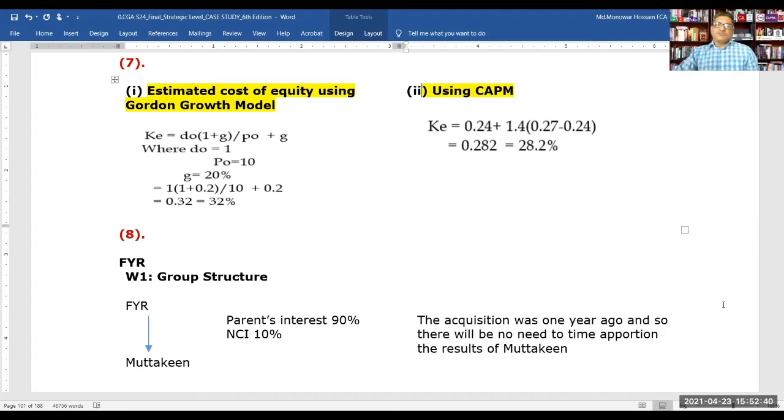Putting in the risk-free rate of 24%, beta 1.4 and market return 27%, we get 28.2%. So you have completed two items, the cost of equity using the dividend growth model and the CAPM model.